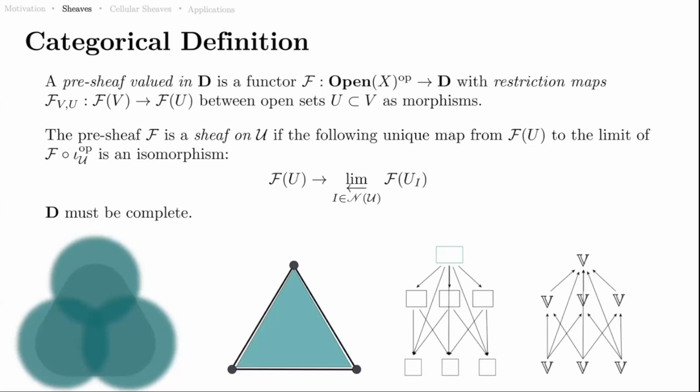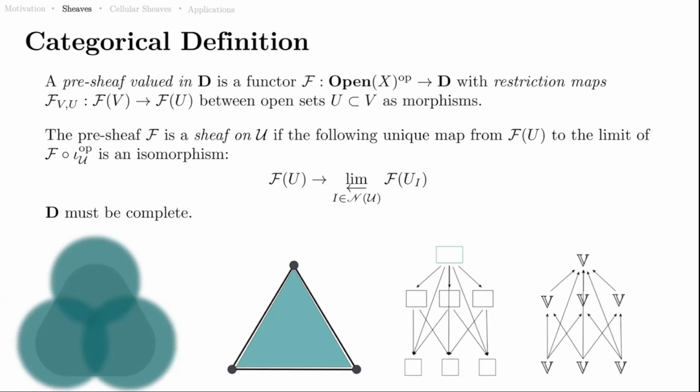We're going to have restriction maps which restrict from V down to U, or the representation of V down to U. Okay, this pre-sheaf then is a sheaf if it factors through the limit, if it's a limit object with respect to this indexing category given by the nerve. So if one understands limits in the categorical sense, this is a perfectly fine definition of a sheaf.